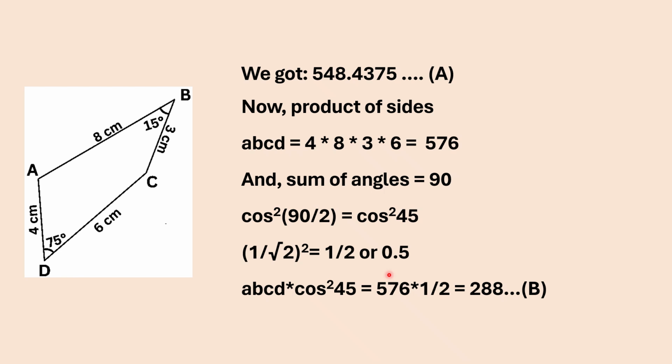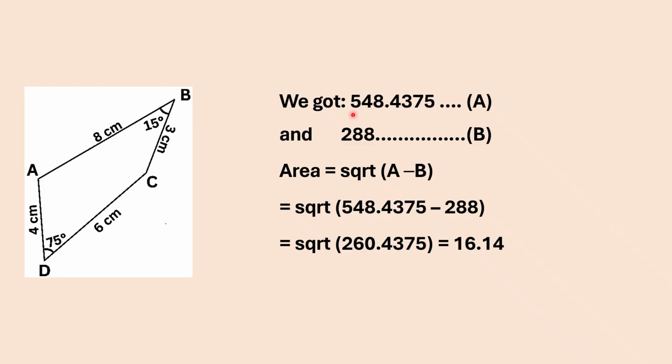We get half into 576, that is 288. 288 is result B. So result A, S minus A into S minus B into S minus C into S minus D, was 548.4375, and result B, ABCD into cos square 45, was 288.